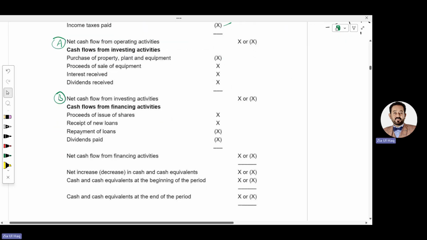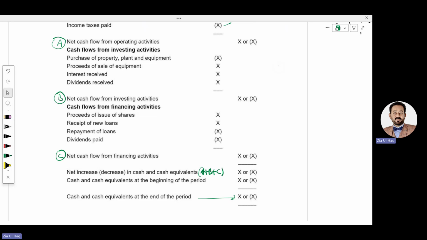Then we will calculate cash flow from financing activities, and then we will add A, B, and C. We will arrive at net increase if positive or decrease if negative. And then we will see what the cash was at the start of the year. In the opening figure, we will adjust that. We will have the closing figure of cash.